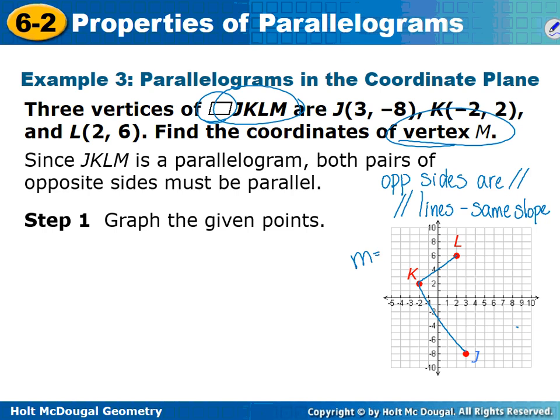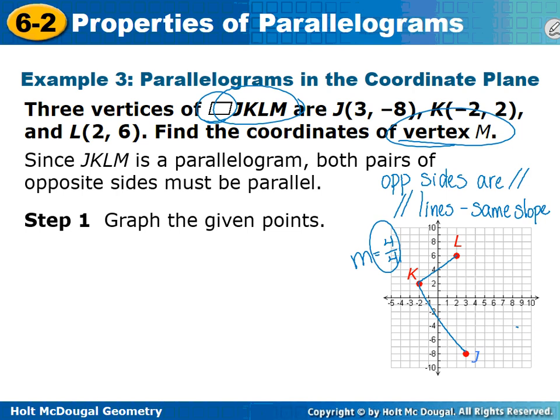It's kind of hard on your small little graph, right? Is it up 4, right 4? Okay, don't reduce that. Don't change it to 1 because then you're going to go down 1, right 1, and that's not going to be, oh, hold on. It's up 4, yeah. So then you're going to go up 1, right 1, and then you won't really be where M is supposed to be. So don't reduce your slope. Go from here, go up 4, right 4.